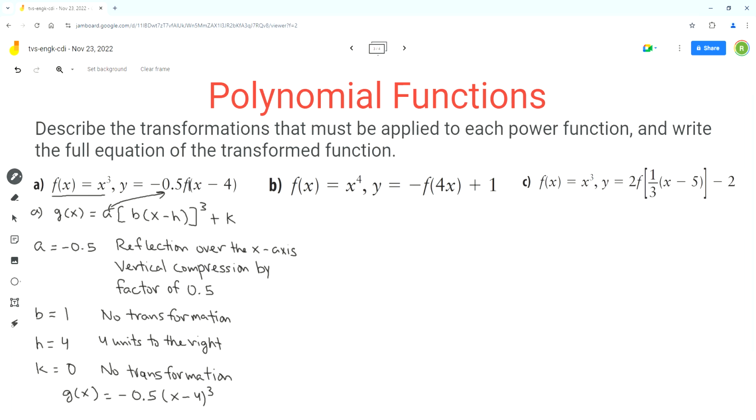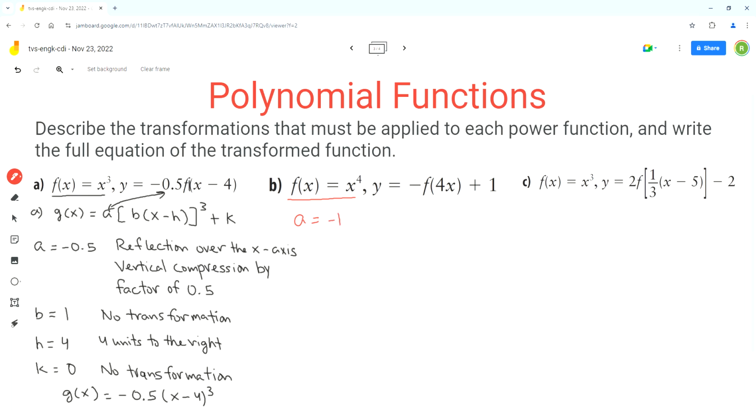Now we can answer part B. In part B, the given power function is f(x) equals x to the power 4. The transformed function is y equals negative f(4x) plus 1. So the first step is to list the values of a, b, h and k. As per the given transformation, a is equal to negative 1.